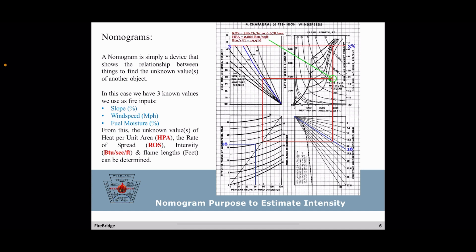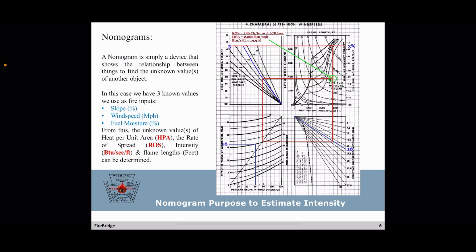And from this, the unknown values of heat per unit area, which is in BTU per square foot, the rate of spread in chains per hour, but to be effective and useful, guys, you need to convert that to feet per second. So you just take your chains per hour, multiply it by 66, because there's 66 feet in a chain, and then get that number divided by 3,600, and that will tell you the rate of spread in feet per second. And then the BTU per second per foot and the flame lengths in feet can be determined all from this nomogram.